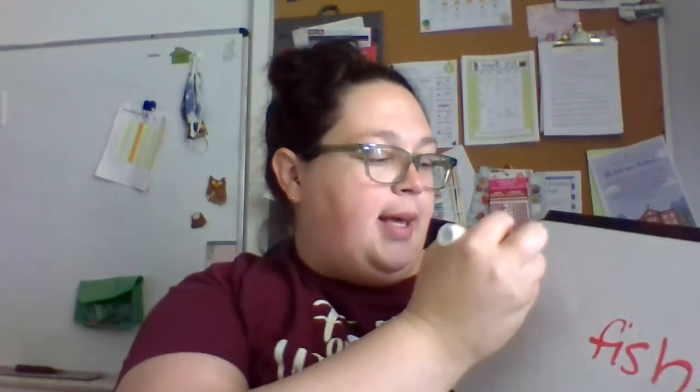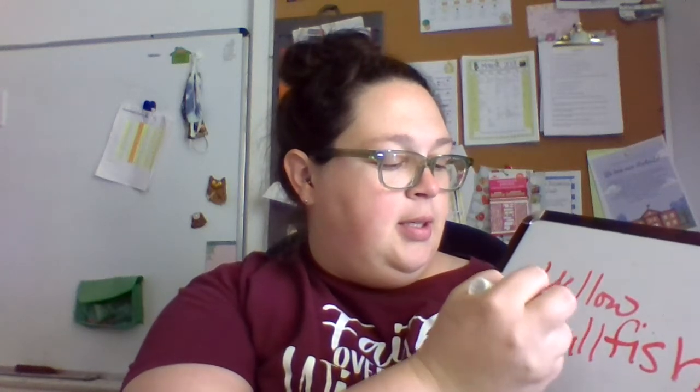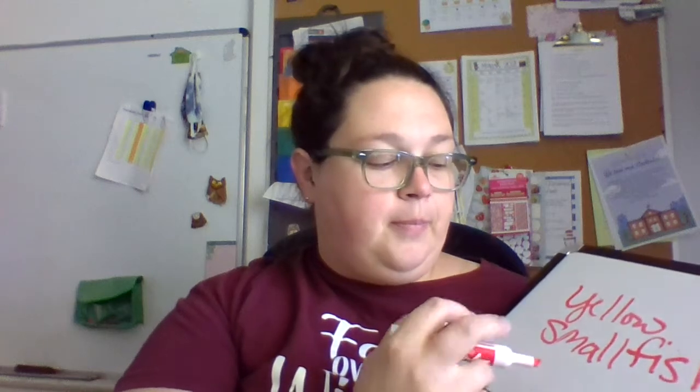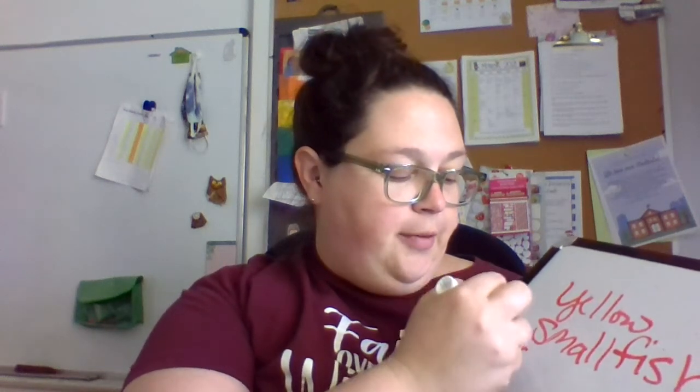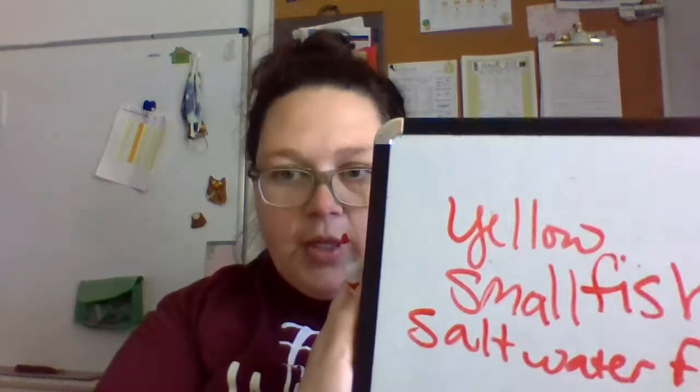So if I had a fish as my noun, we could say the yellow fish, the small fish, the saltwater fish, because then that places it in a different place. But all of this describes your fish, okay?